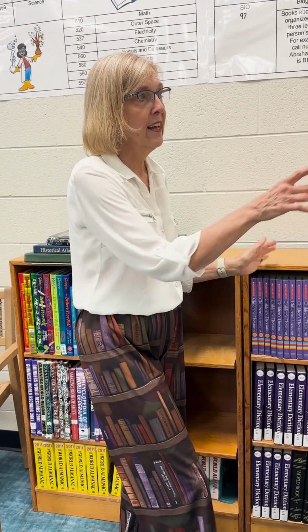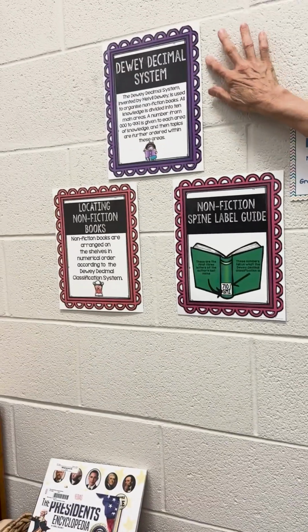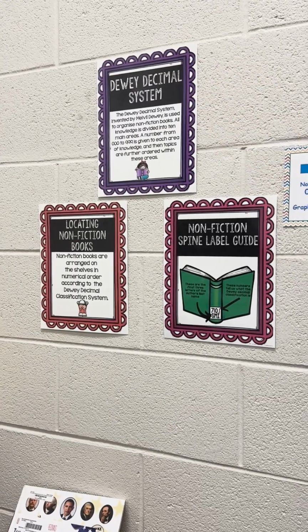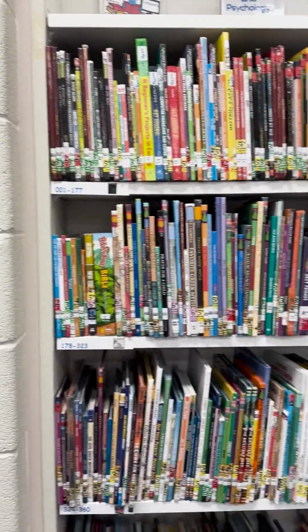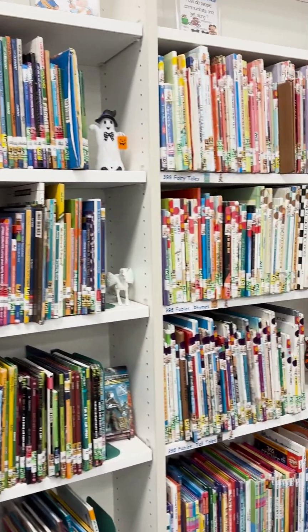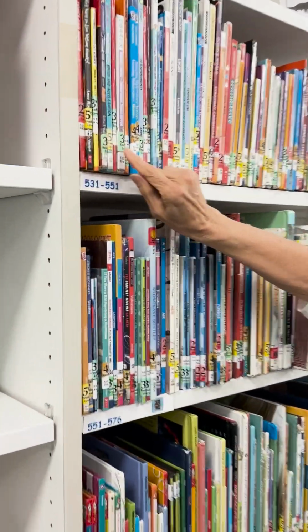Now, right next to the reference section is the nonfiction section. So it's also called the Dewey Decimal System. And all of these books have numbers on them. So let's look at this shelf. These have numbers on them.